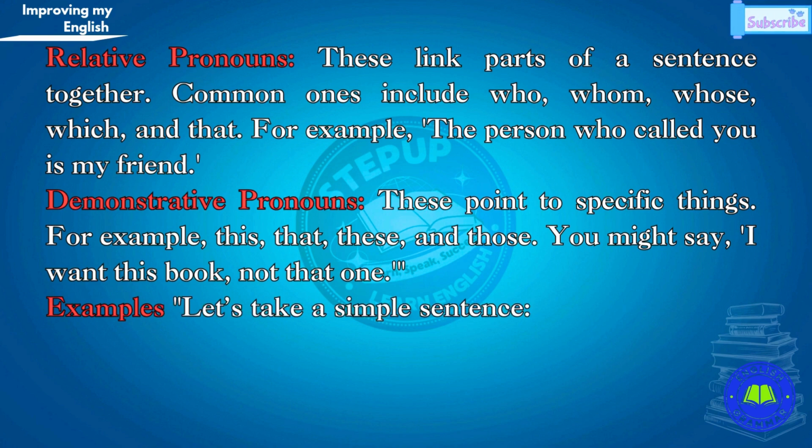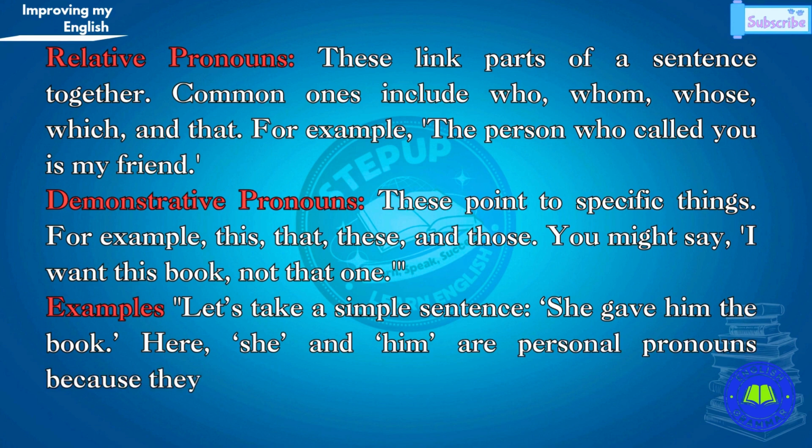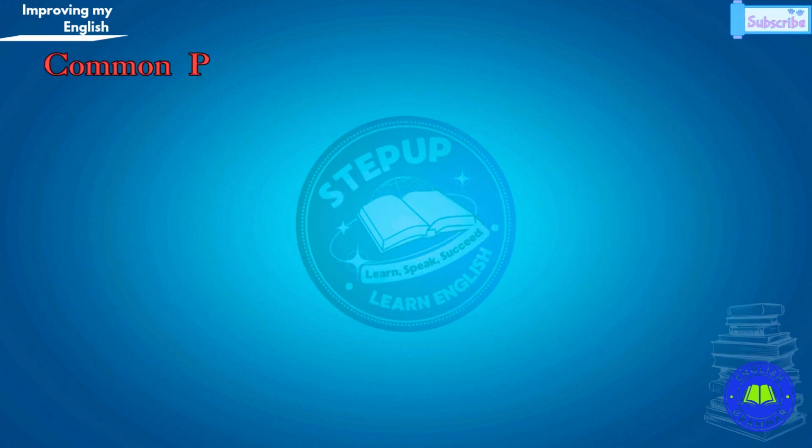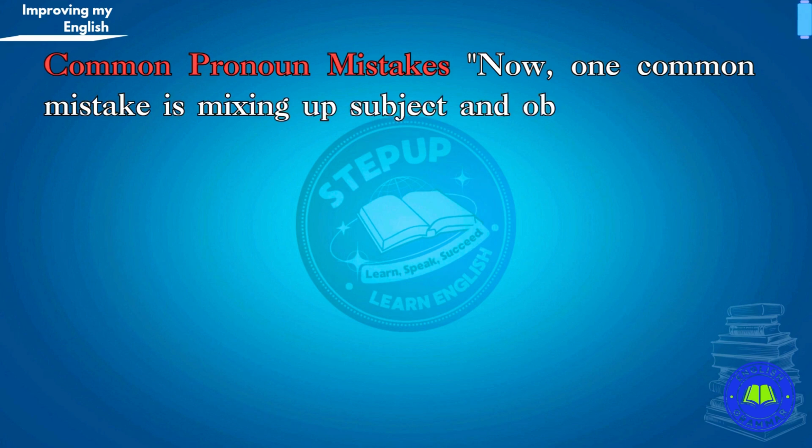Examples. Let's take a simple sentence. She gave him the book. Here, she and him are personal pronouns because they replace the names of people. Common pronoun mistakes. Now, one common mistake is mixing up subject and object pronouns.